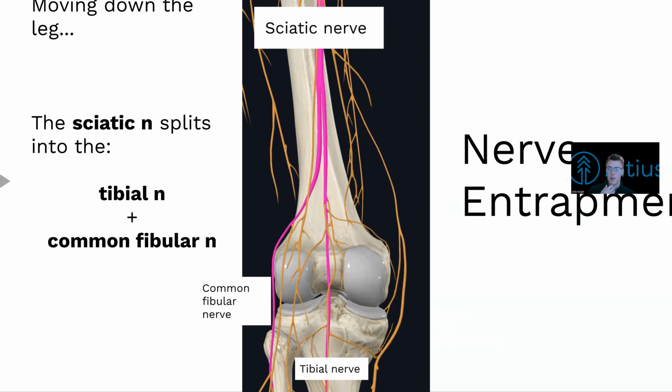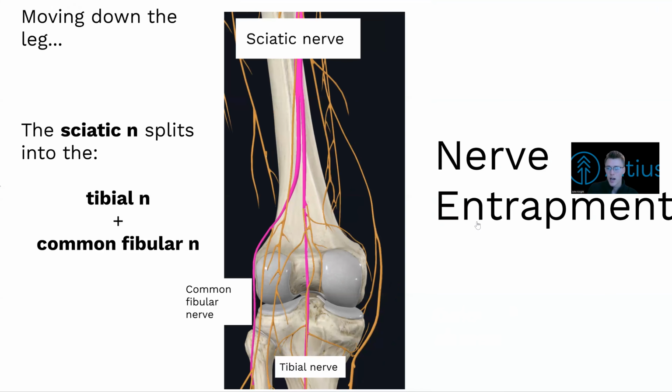If I don't have good mobility at my fibular head here where I'm circling, so this is my tibiofibular joint, that might be causing compression on the common fibular nerve. So any sort of restriction related to this nerve pathway can cause symptoms down the leg as well. And then again, that's up to your provider to figure out and then work through as well.